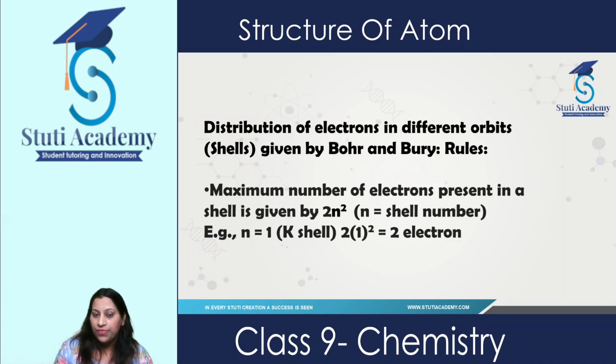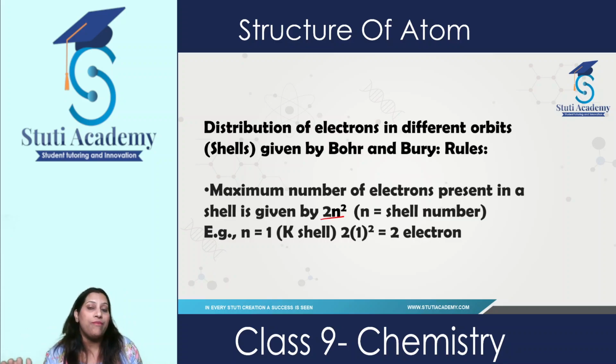There is a formula to find out the maximum number of electrons in a particular orbit or energy shell, and the formula is 2n square, where n represents the shell number or the orbit number.